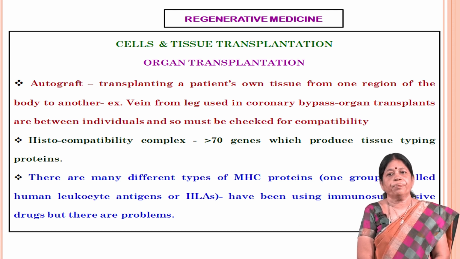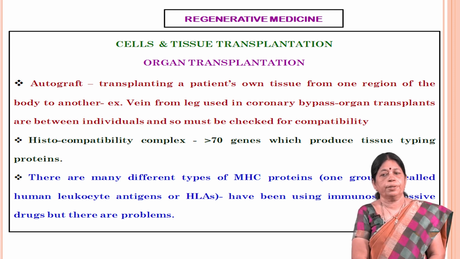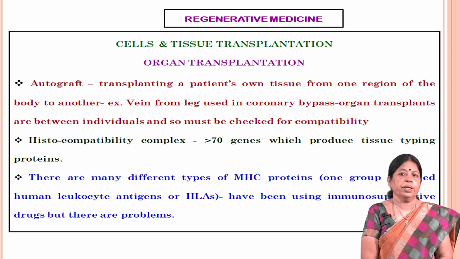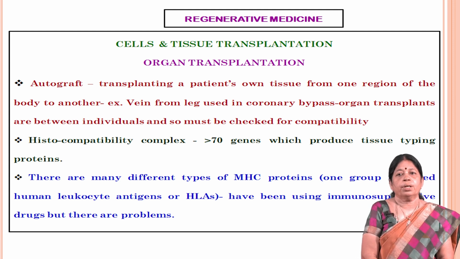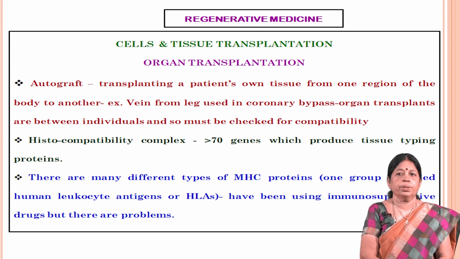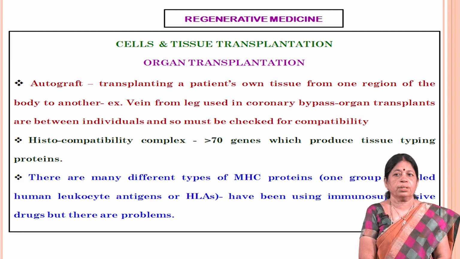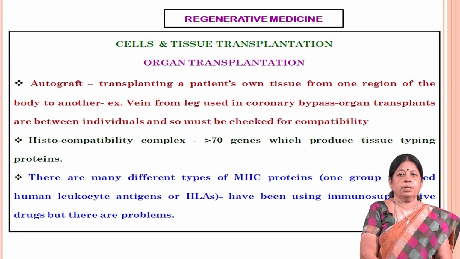Organ transplantation between individuals is also possible, and it must be checked for compatibility, that is the acceptability, because if there is any sort of rejection, this surgery cannot be completed. So autograft means taking the tissue from the same person. The organ may be different, that is, a vein from the leg is used for the heart bypass, coronary bypass. So this is also happening.